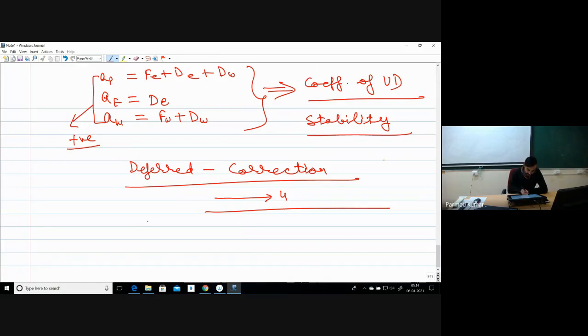So if flow is taking place from left to right, we are considering Fe as nothing but rho u into A at face E, and Fw as equal to rho u A at face W. While we are particularly talking about the QUICK scheme and the TVD scheme, we have given weightage to the upwind direction node. So if I have the flow in the reverse direction, you have to account for the flow direction, and accounting for the flow direction will change the upwind nodes.